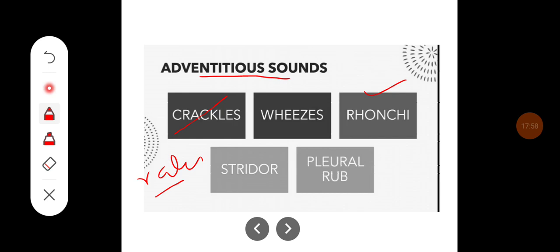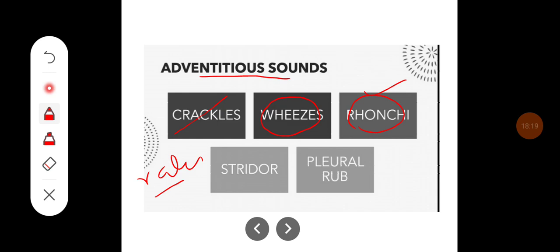So there will be a musical sound produced because of the resonance created in the tracheobronchial tree. When they are heard with the stethoscope, they are called rhonchi, and when they are heard with your naked ear, then they are called wheezes.